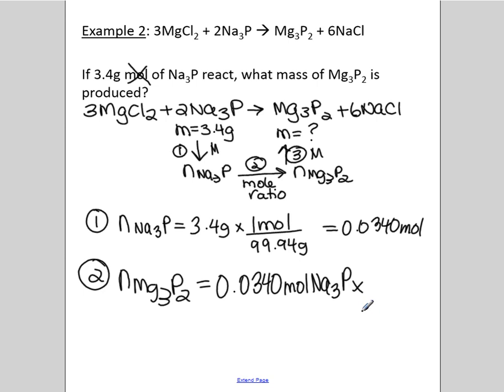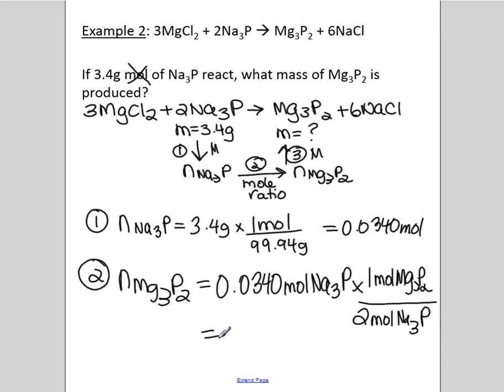And I'm going to multiply it by that ratio. So my ratio here, I've got 2 moles of sodium phosphide from up in the balanced equation and 1 mole of magnesium phosphide. I'm going to put my moles of magnesium phosphide on the top. And on the bottom, I put my 2 moles of sodium phosphide on the bottom.